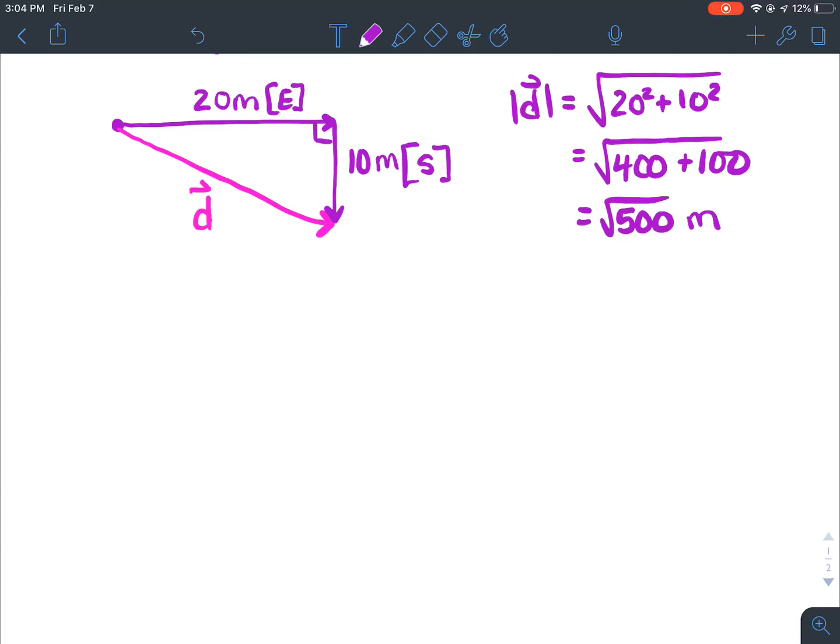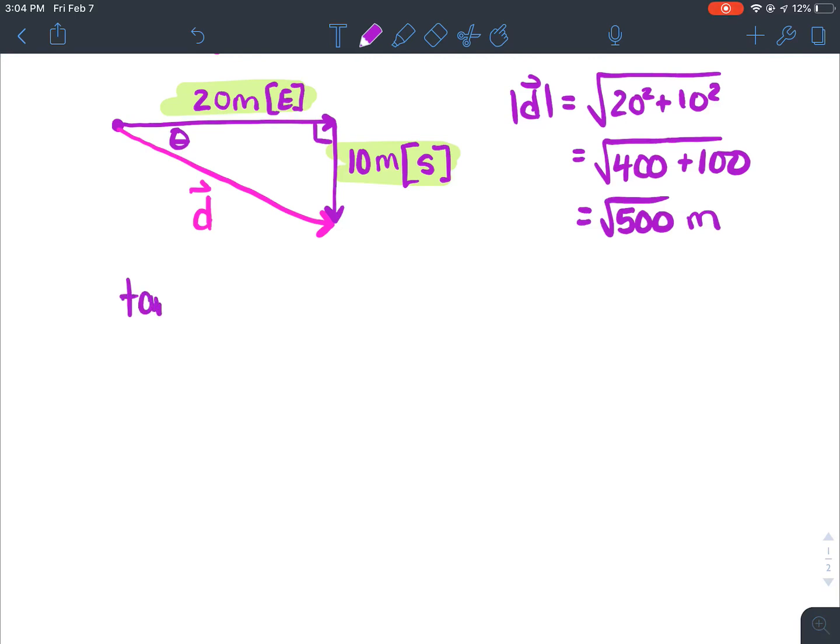And then we also need a direction for this person, because a vector has to have a magnitude and a direction. So let's find theta. Since we're doing a right angle triangle again, I tend to use the sides that are given to me already, just in case I've made a mistake calculating displacement.